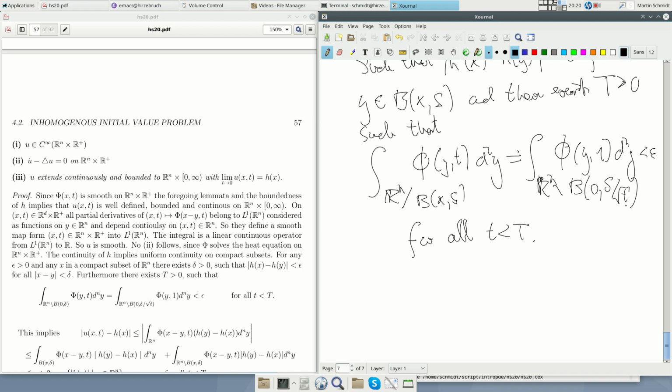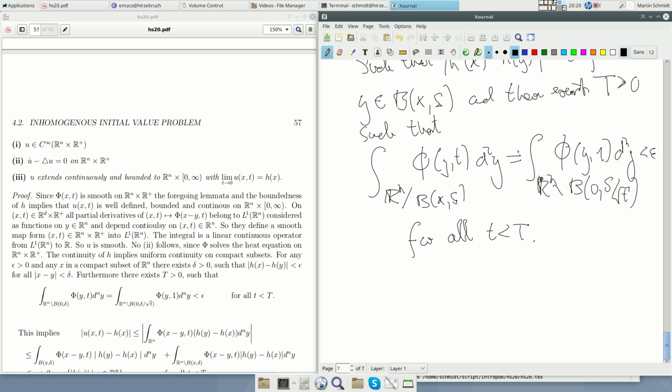So clearly we should insert capital T, and we should choose capital T so small that this ball here is large enough. Of course, if this ball goes to infinity, then this goes to 0.